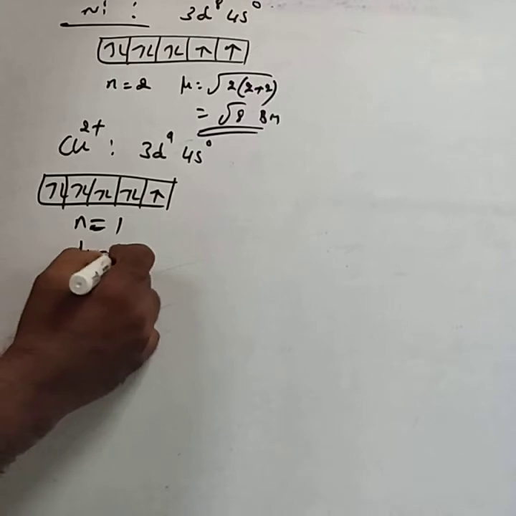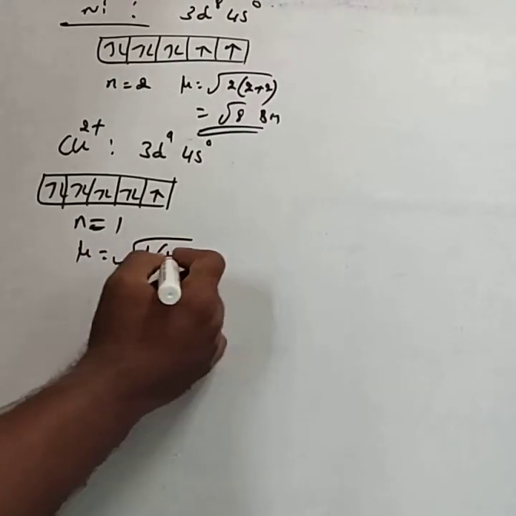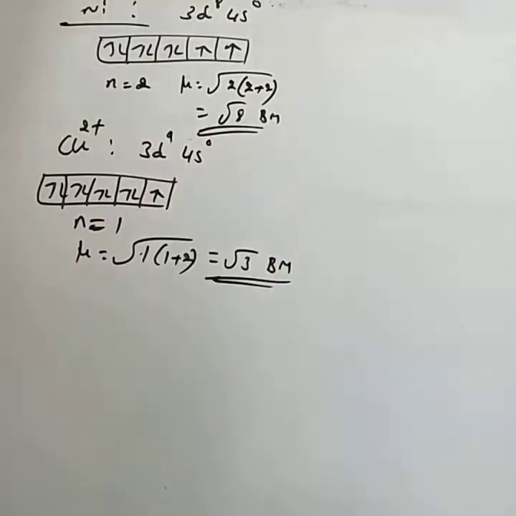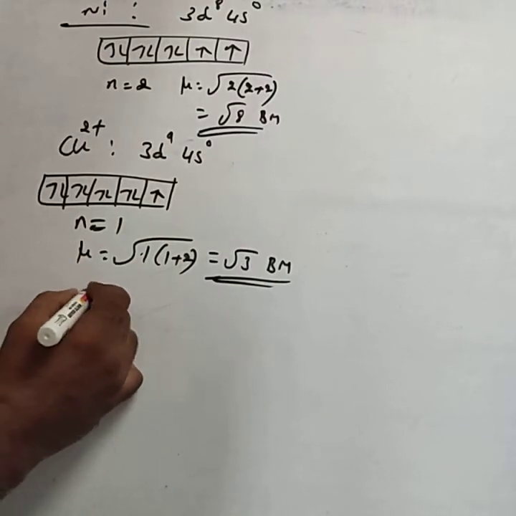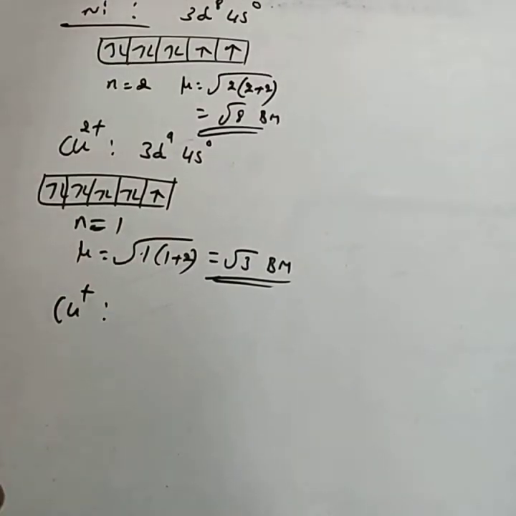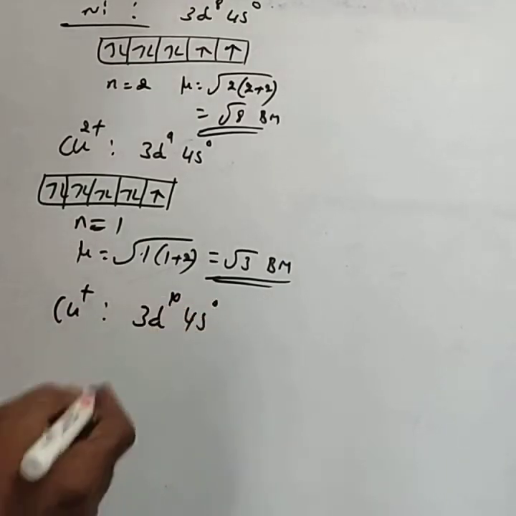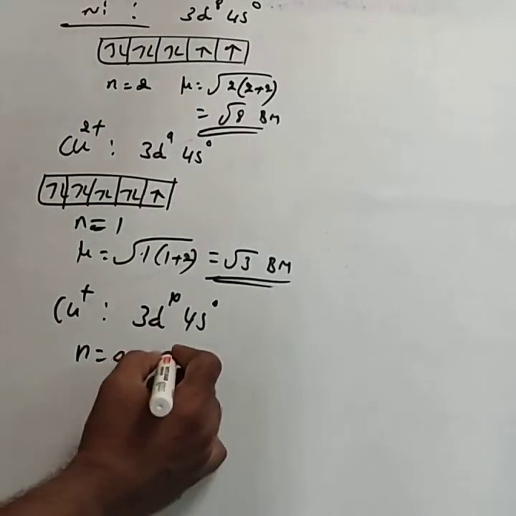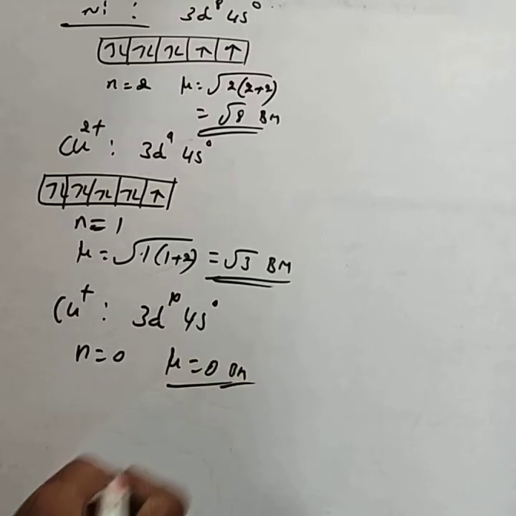Then the magnetic moment equals root of 1 into 1 plus 2, that means root 3 Bohr magneton. For Cu+, what happens to the magnetic moment? Cu+ means 3d10 4s0, so n equals 0. If n equals 0, the magnetic moment also equals 0 Bohr magneton.